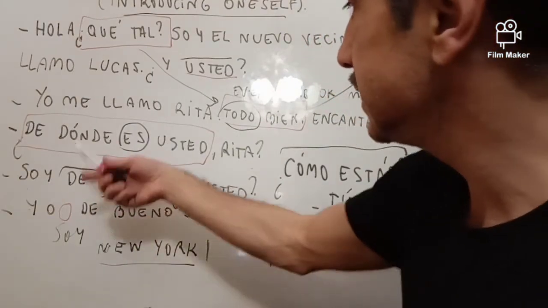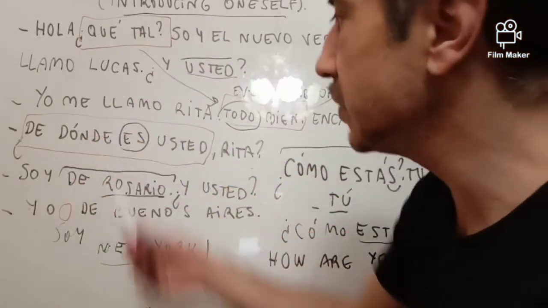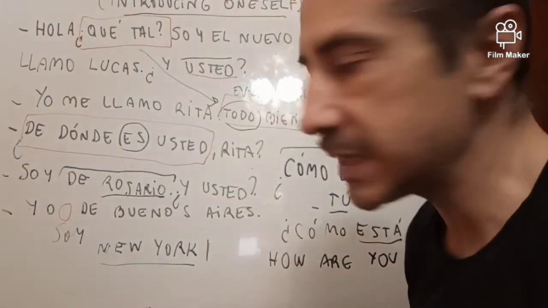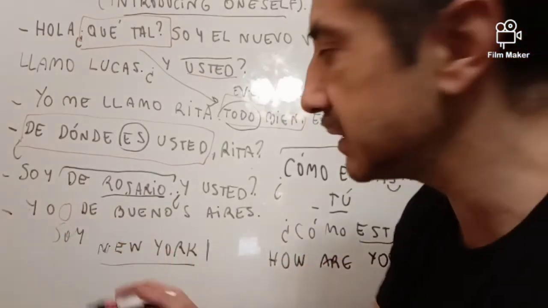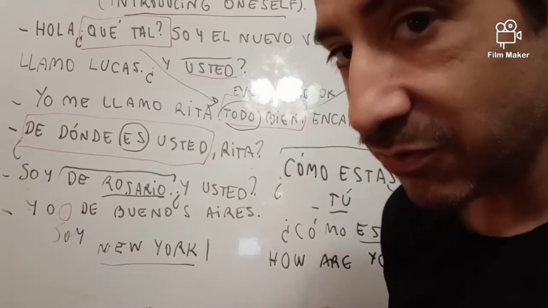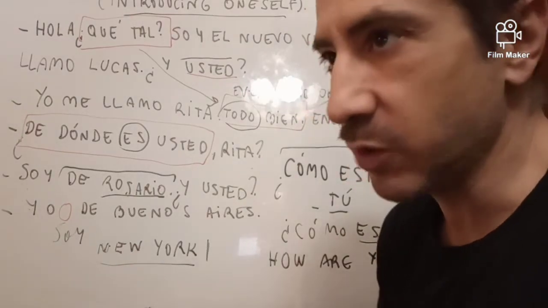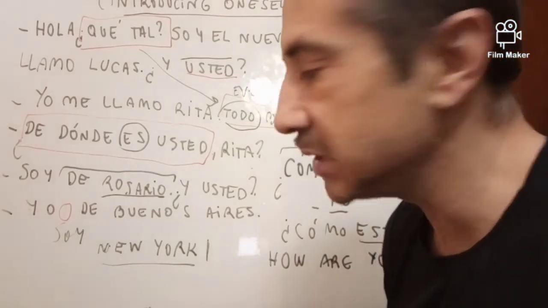But in this case, in which we find "soy", so as not to repeat it all the time, we usually omit it and say "yo de Buenos Aires." So it's the same as saying "me from Buenos Aires." We don't have a verb there, and it can be said like that in English too.